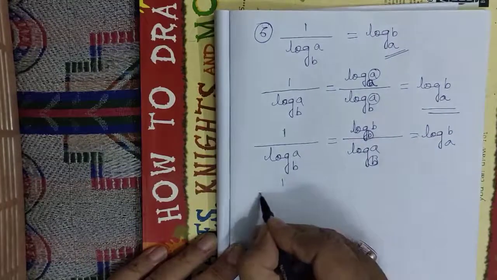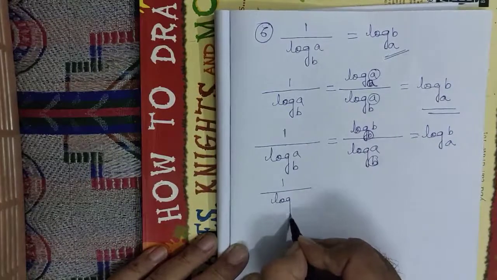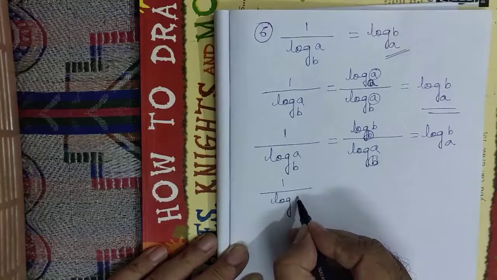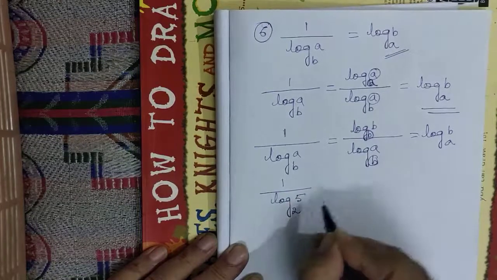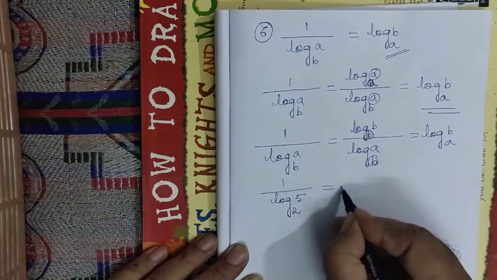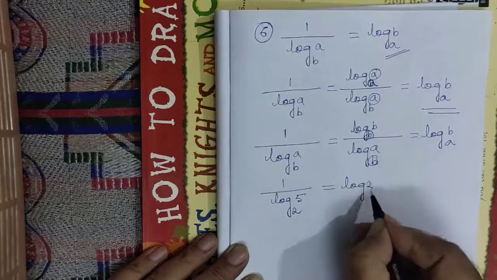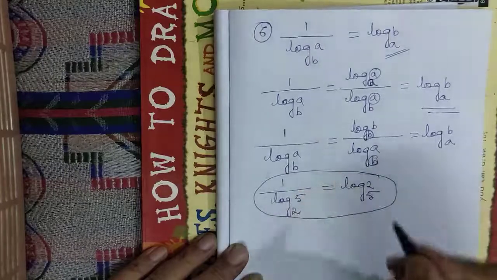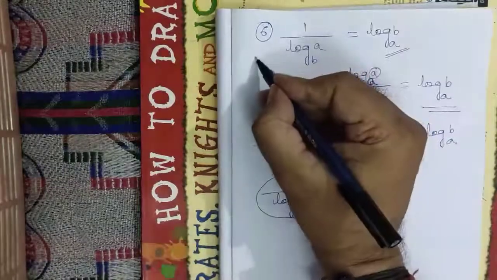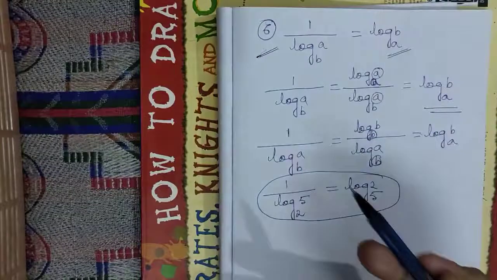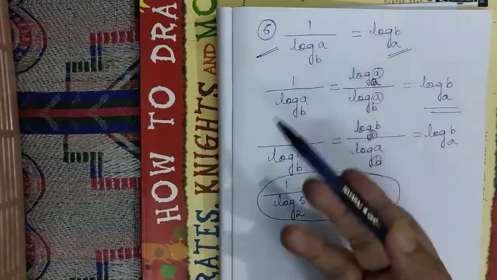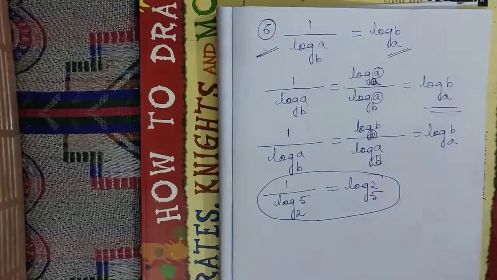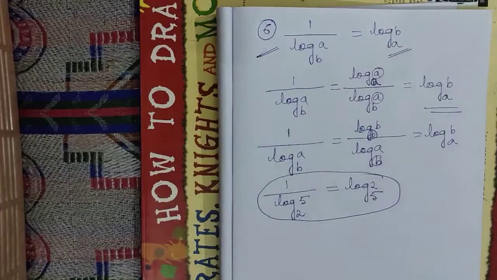Suppose I have written log 5 base 2. This will be same as log of 2 base 5. This is my sixth property. Basically, this is the corollary to the previous property. Now I will come to the next property.